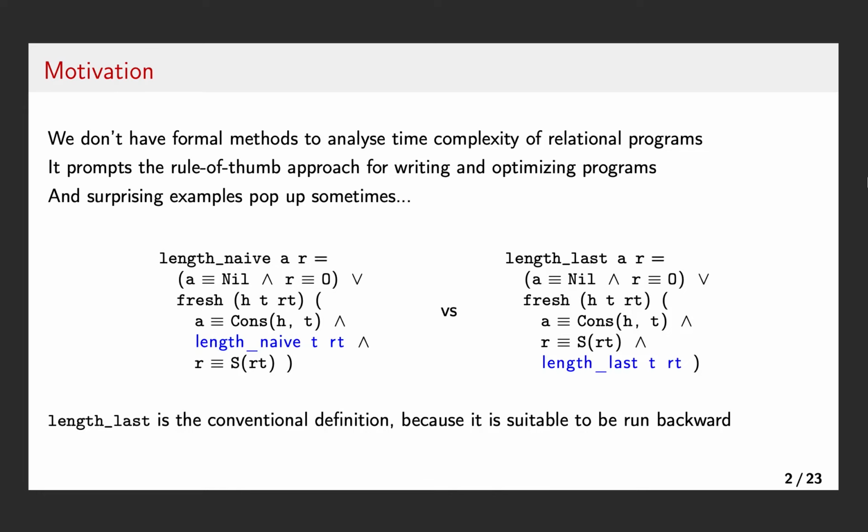Let's consider the following example comparing two definitions of the relation computing the length of a list. Naively, we can define it this way, just taking an imperative definition and transforming it step by step into the relational form. But to get this conventional definition, we have to move the recursive call to the end.